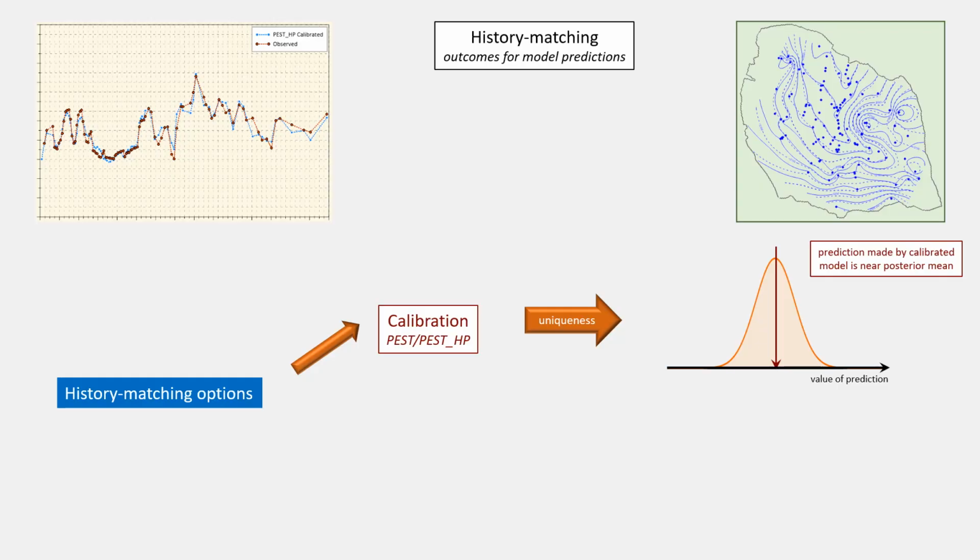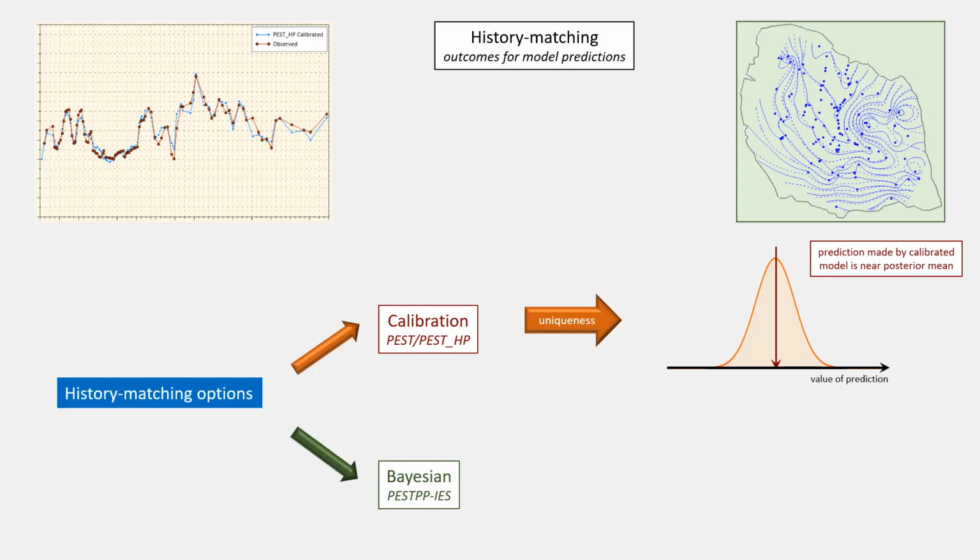That is, they will lie near the centers of their posterior probability distributions. So uniqueness gives us something nice, the ability to make predictions that are at the centers of their posterior probability distributions. And we attain that by seeking uniqueness, seeking the simplest, normally, parameter field that is compatible with the data.